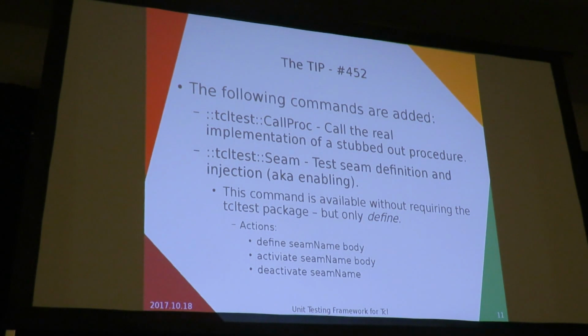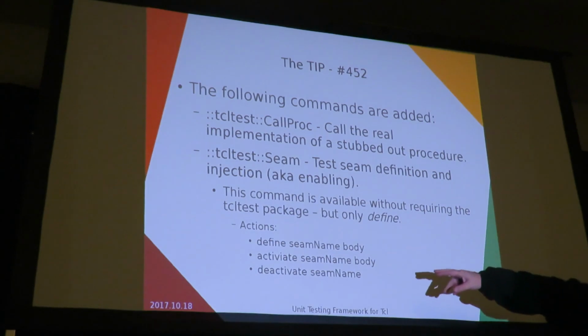Now, test seam is something that's different than the stubbing. It's for, again, where you might have a big legacy code that you are trying to add a new piece to, but you want to test your new piece. One thing about seams is it has to be defined all the time. So it has to go into the early initialization, not just when you're running tests. You add seams in your real code, and the seam executes the real code, except for when you activate it.